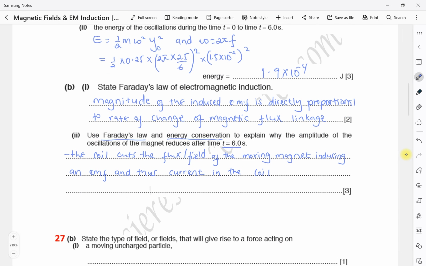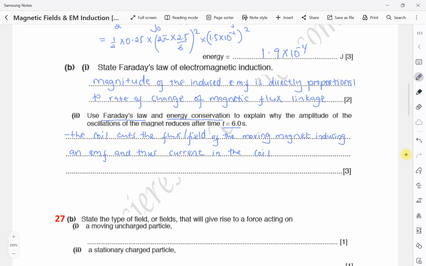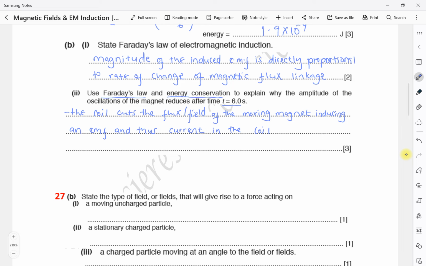Okay. So the coil cuts the flux or the field of the moving magnet, inducing an EMF and thus current in the coil.